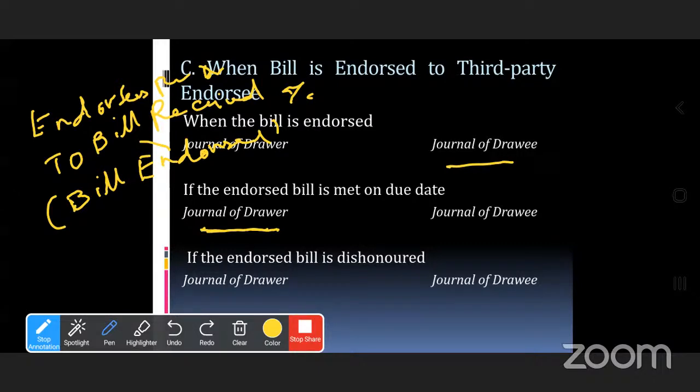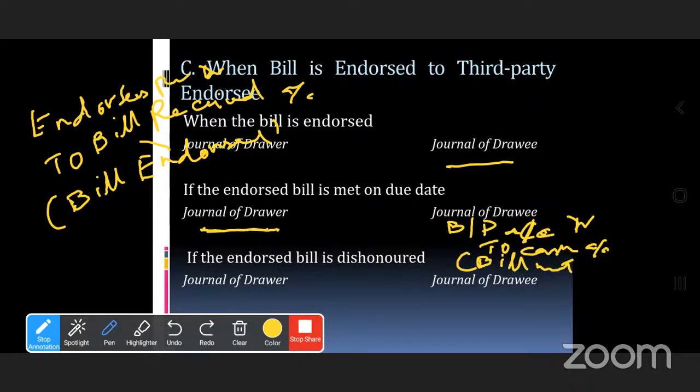But in the books of the drawee, we will be writing the journal entry as bills payable account debtor to cash account. That is bill met. Okay.